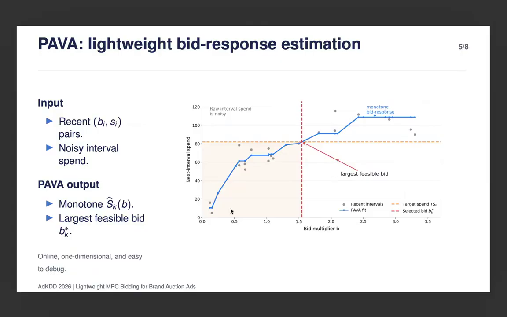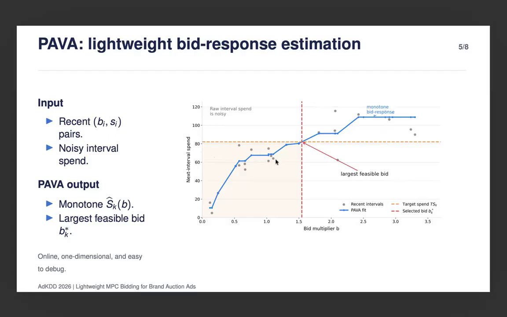So now we estimate the response with isotonic regression. Here, each gray point is one completed interval, bid on the horizontal axis and realized spend on the vertical axis. The observations are noisy and may violate monotonicity, as you can see here.